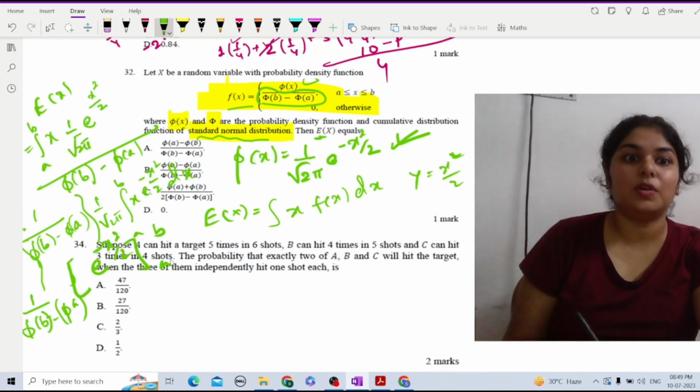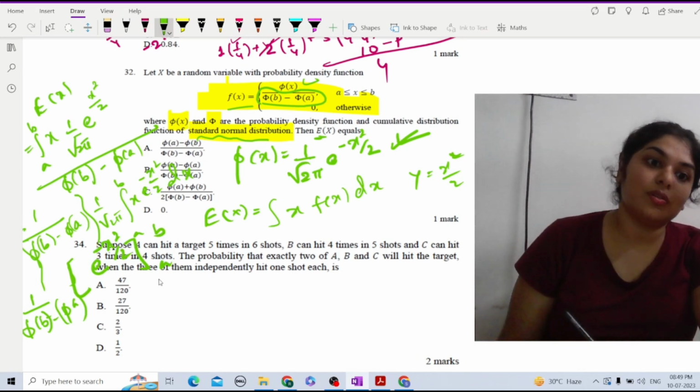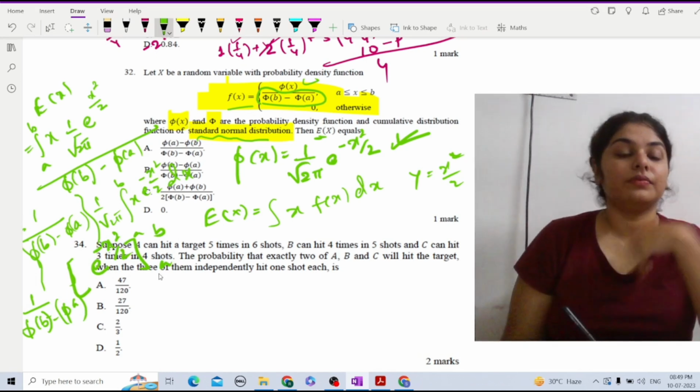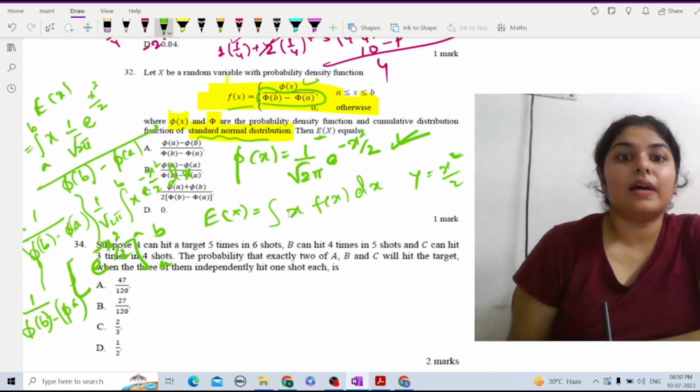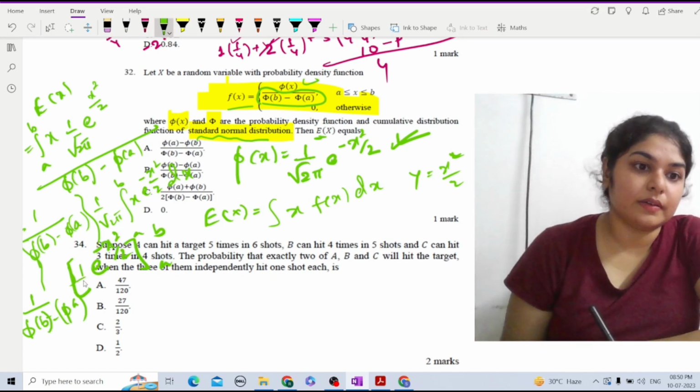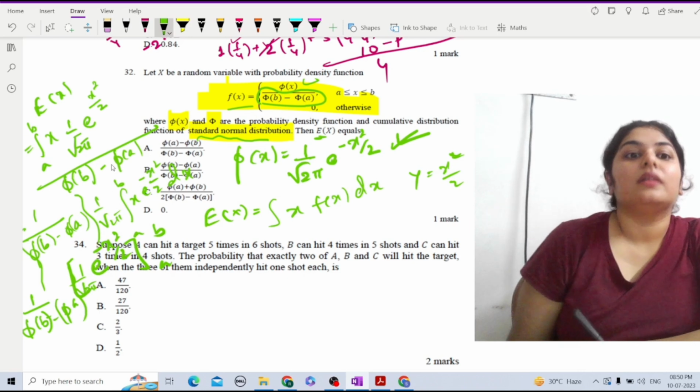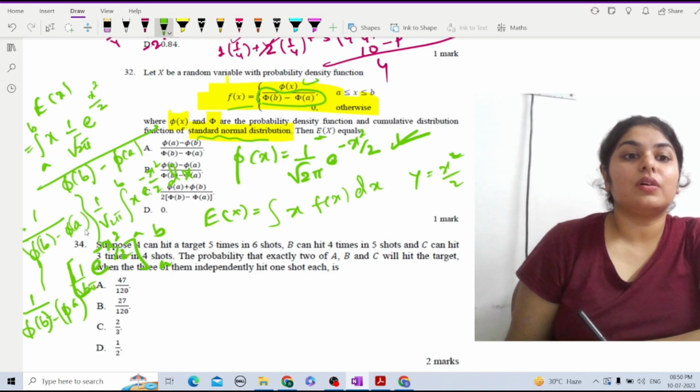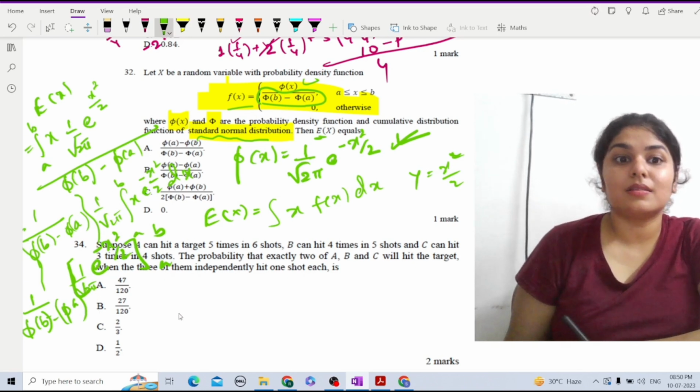That is our answer. If you put b and a here, we also have the constant term, that is 1/root 2 pi. If we write down the constant terms here, what is the answer?